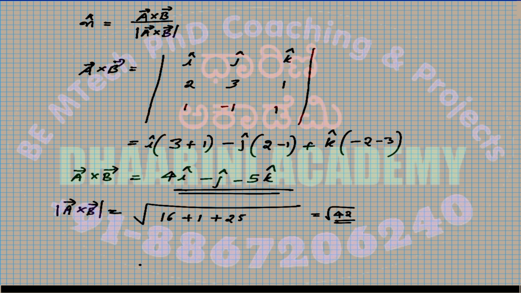Therefore the final answer, the unit vector n cap, is A cross B divided by its magnitude, which is 4 i cap minus j cap minus 5 k cap, whole divided by root 42.